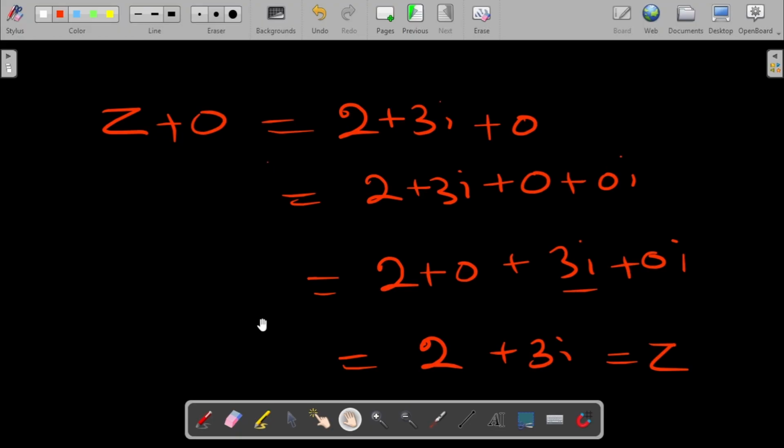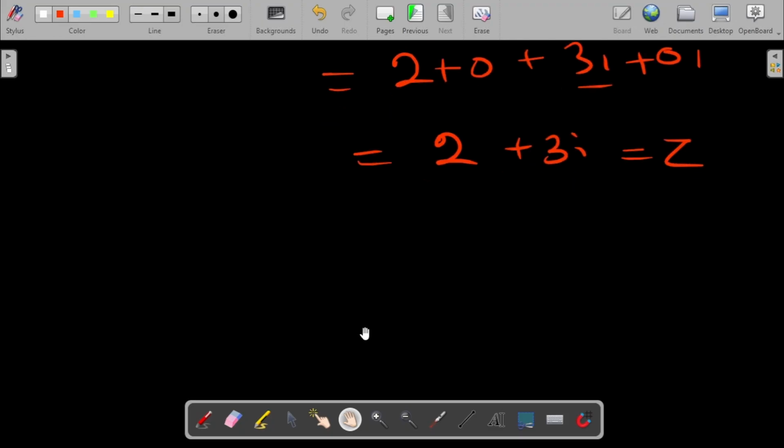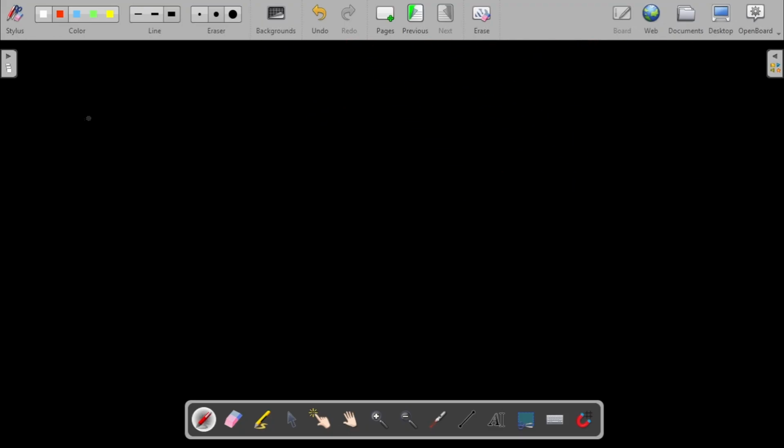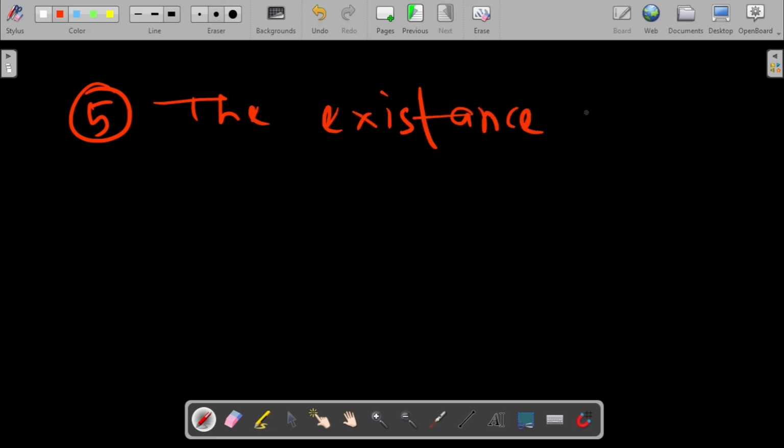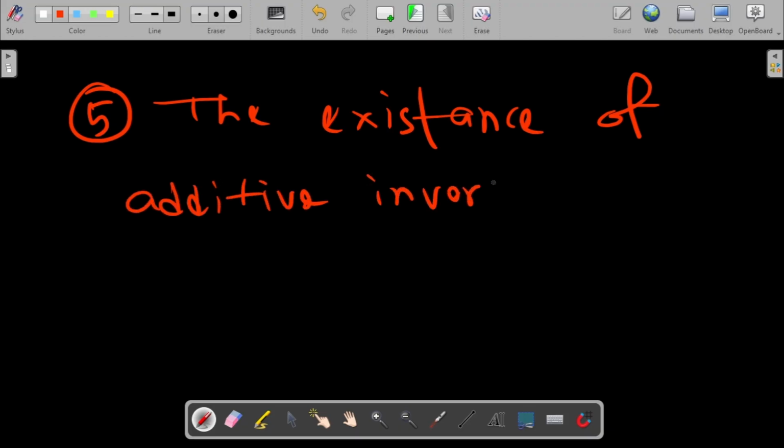Next is the existence of additive inverse. The fifth property is the existence of additive inverse. We know that in real numbers, if I take any real number a, then I will get another real number minus a, such that a plus minus a gives 0.